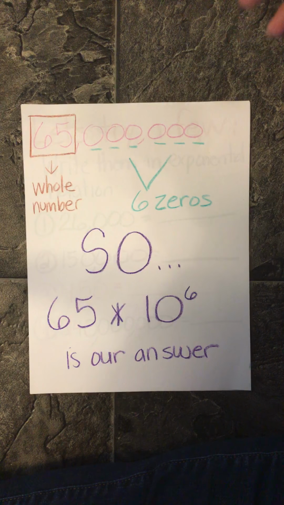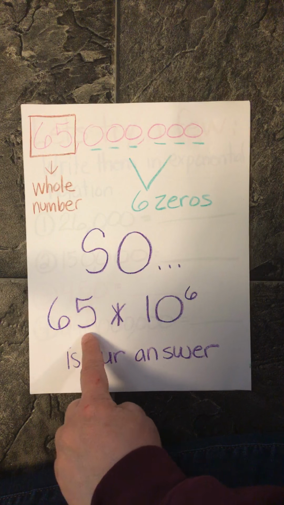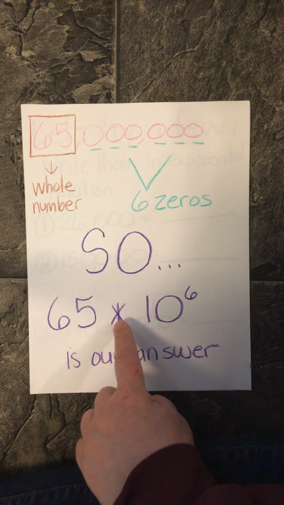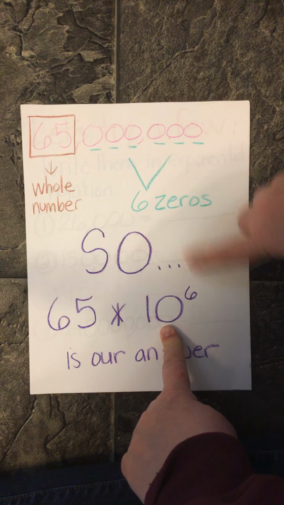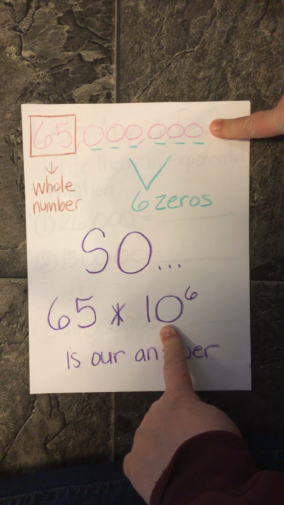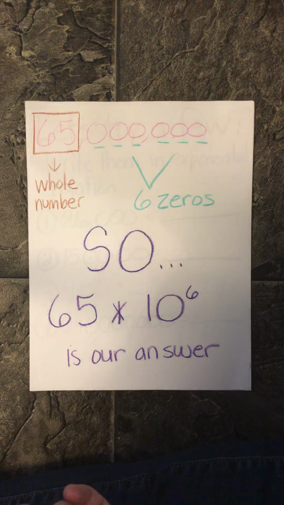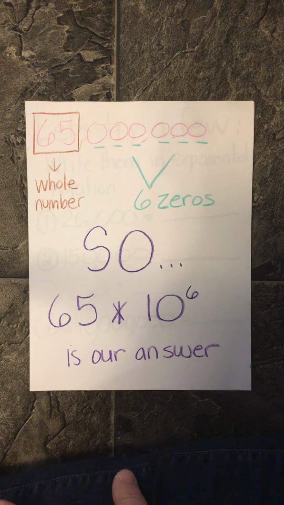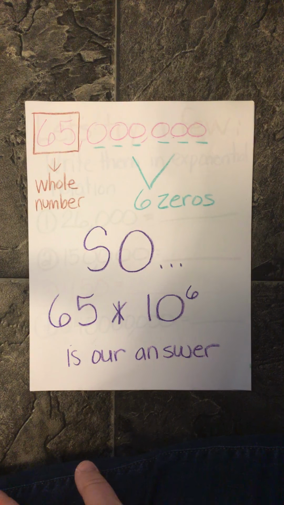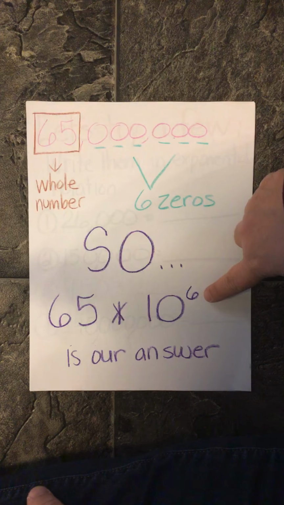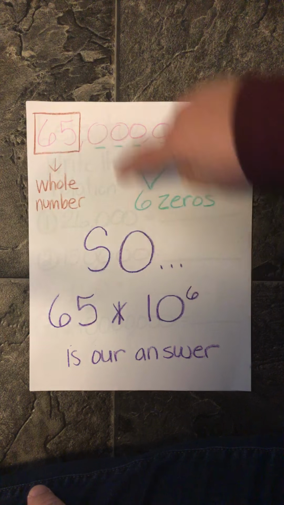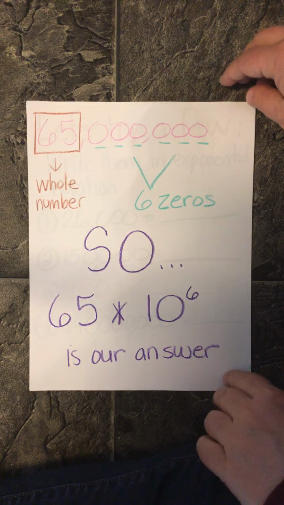So that means 65, my whole number, times 10 to the 6th power, because there are 6 zeros, is going to be my answer. 65 million is also 65 times 10 to the 6th power. Again, you take the whole number, 65, you multiply it by 10 to the power of how many zeros are in the number.